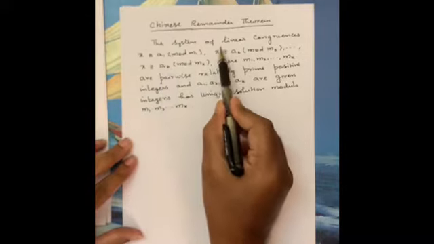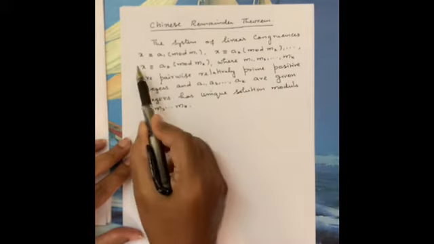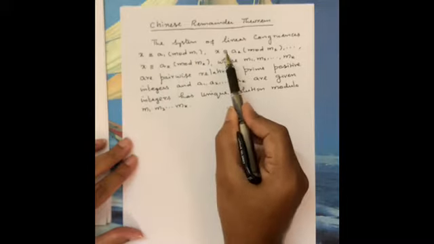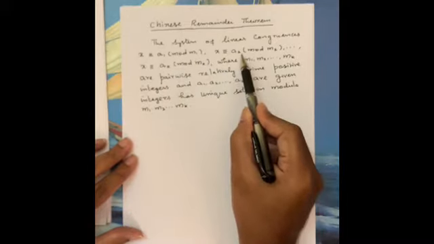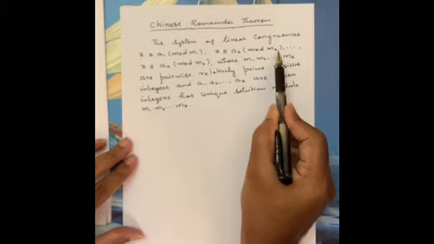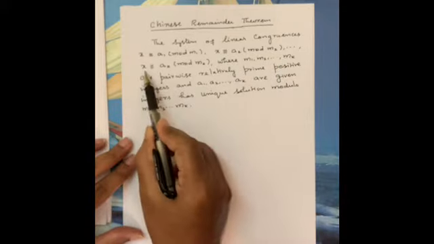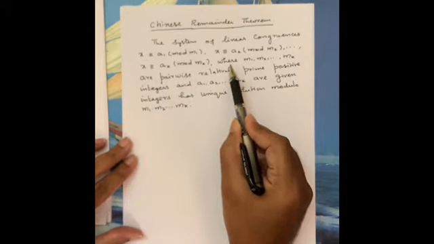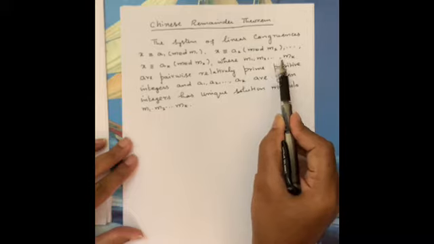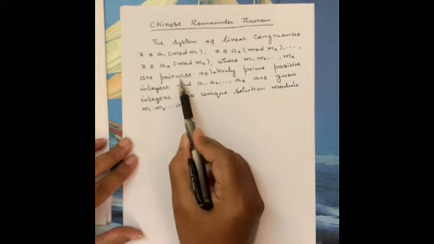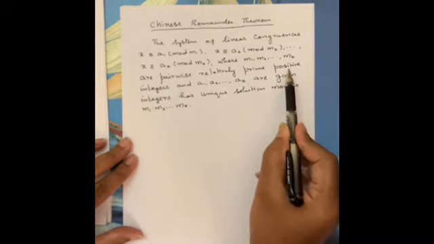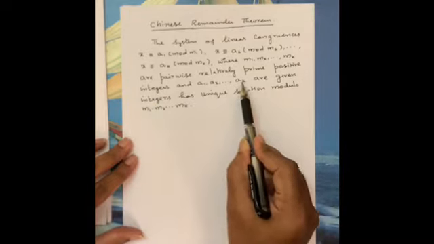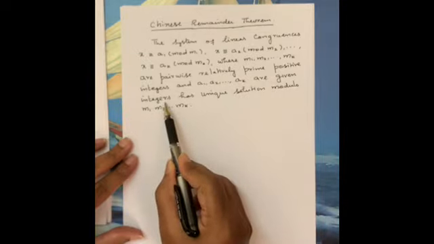The system of linear congruences x congruent to a1 modulo m1, x congruent to a2 modulo m2, etc., x congruent to ak modulo mk, where m1, m2, etc., mk are pairwise relatively prime positive integers, and a1, a2, ak are given integers.